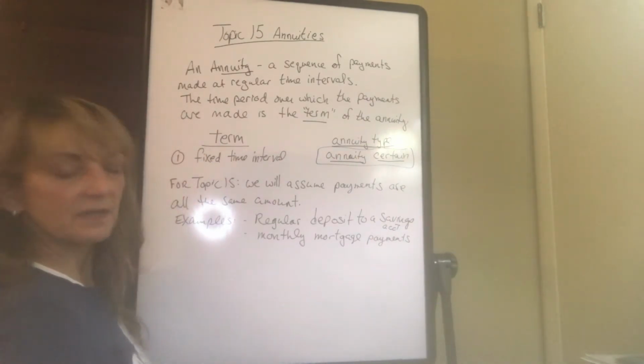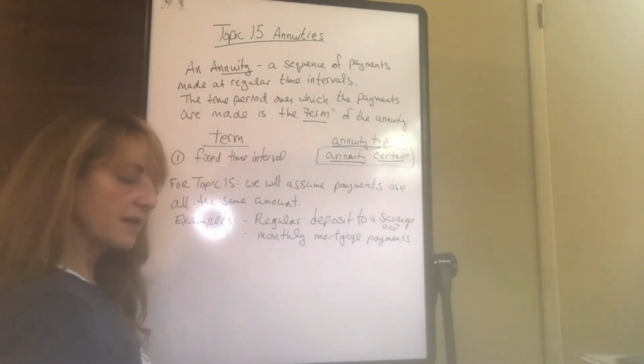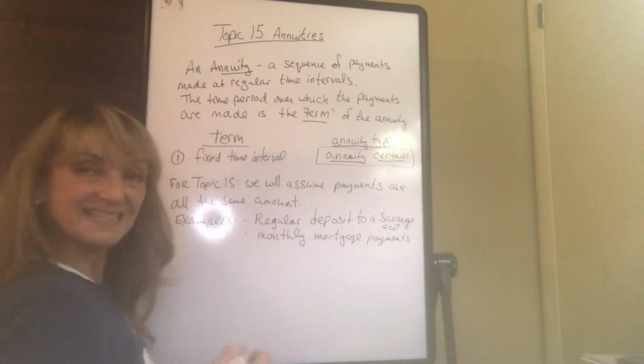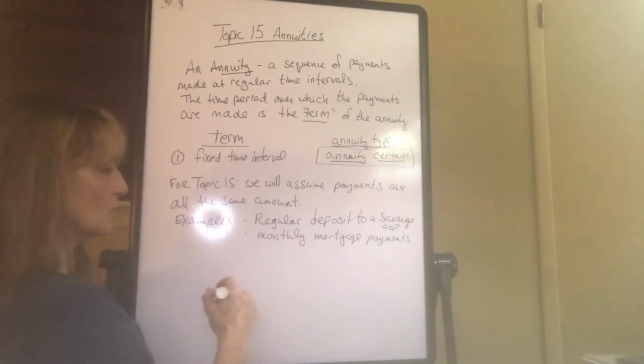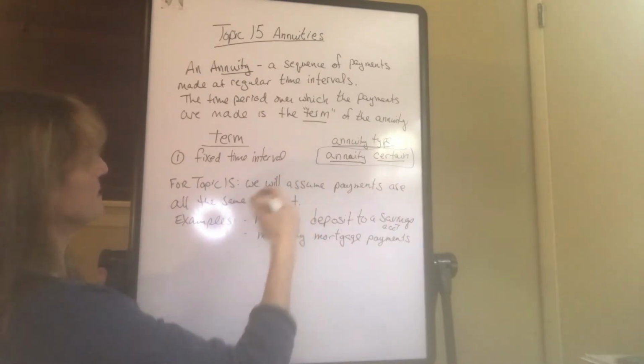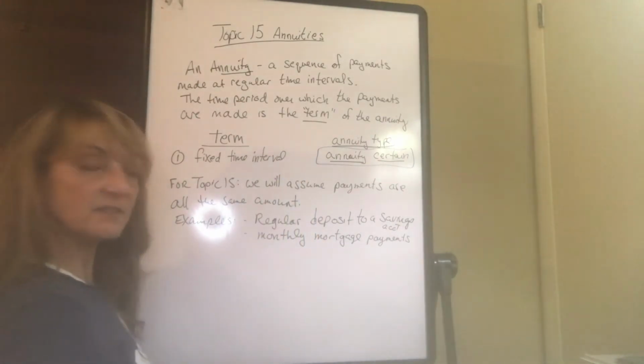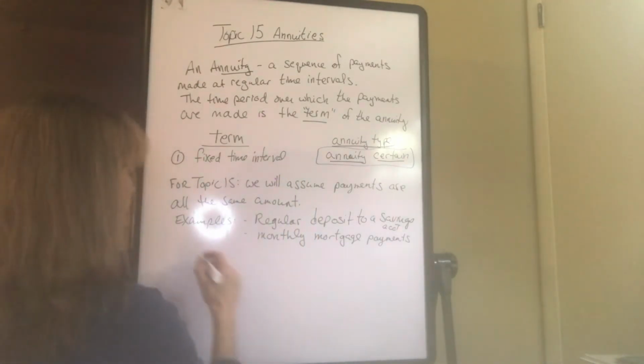Another way to classify annuities is by the payment dates. You can make the payment either at the end of the period or at the beginning of the period.